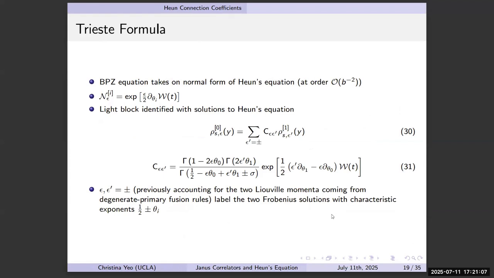And this epsilon and epsilon prime previously was parametrizing the two Liouville momenta that we got from the fusion rules, but now they label the two linearly independent Frobenius solutions near y equals 0 and near y equals 1.